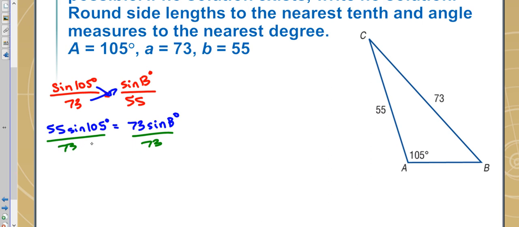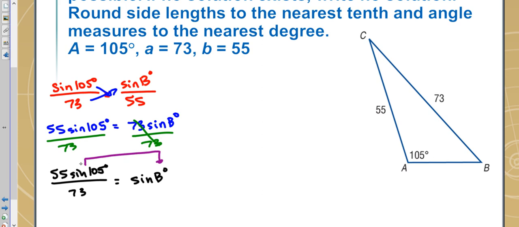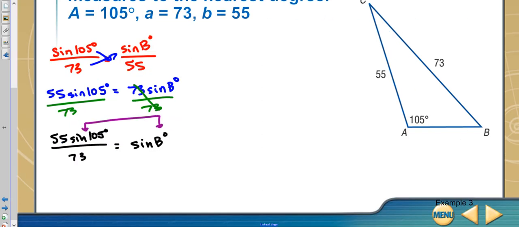But I still have one more problem here: even though that goes away, I still need to get rid of the sine. So remember, we're going to end up doing inverse, because right now I have 55 sine of 105 degrees over 73 equals sine of B degrees. If I need to solve for B, I need to do an inverse sine so I can flip those around.